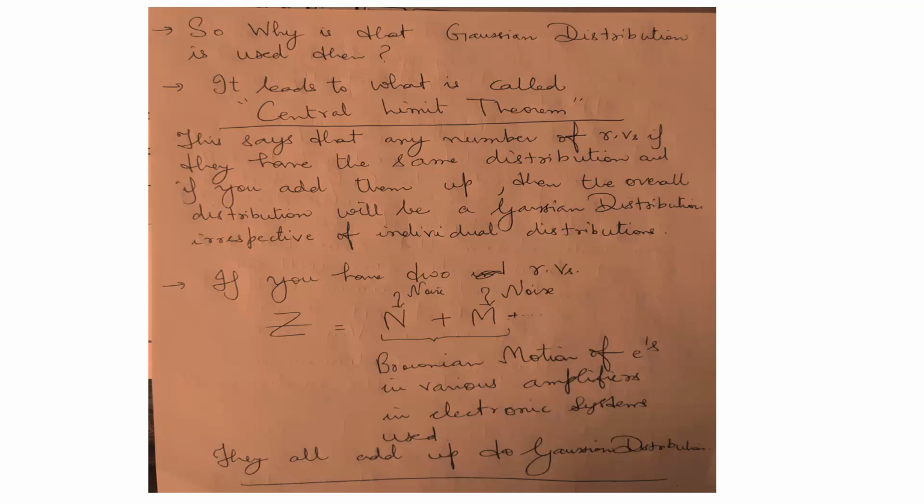I am taking the example of two random variables, but there will be many more random variables in receiver electronics. When you switch on the receiver, the material will heat up, and the Brownian motion of electrons in the various amplifiers will be represented by these random variables. If you add all these random variables, they will add up to a Gaussian distribution.